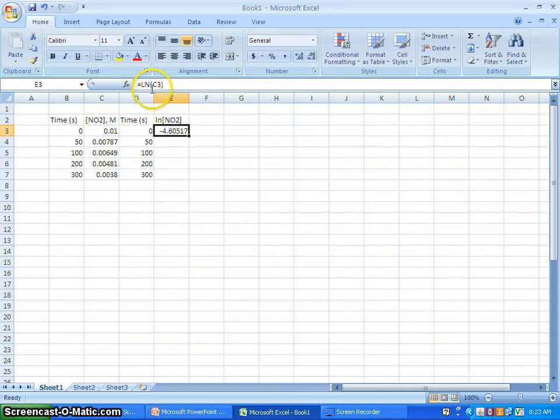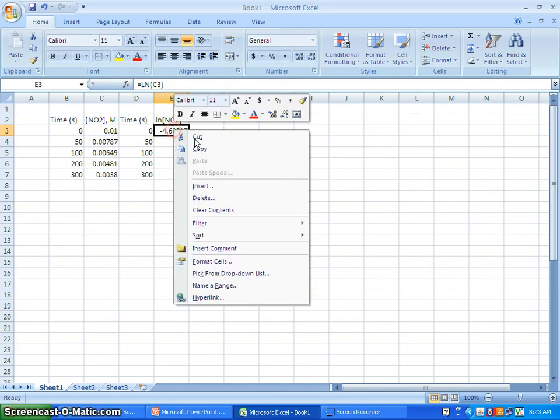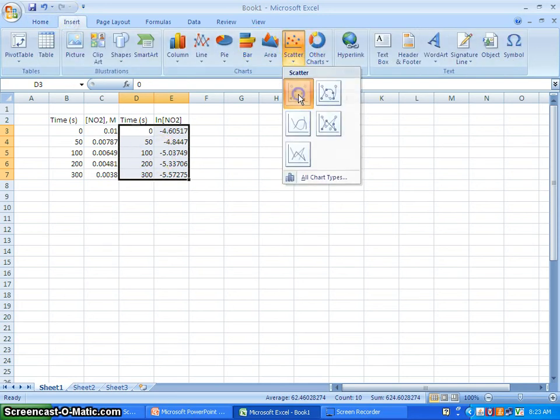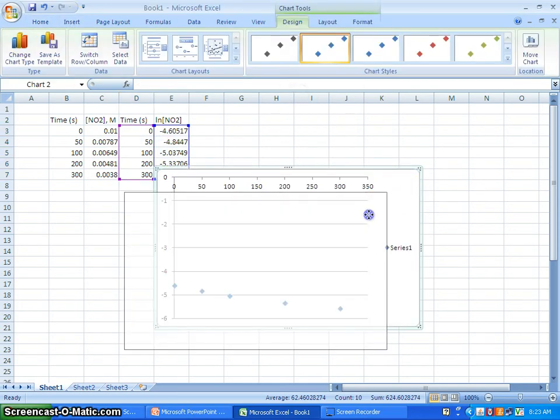Now you can see that's the natural log of cell C3. I can copy it and drag this down and hit enter, and that gives me the natural log of cell C4, natural log of cell C5, natural log of cell C6, and the natural log of cell C7. So now I can graph the natural log versus time by highlighting it, insert, scatter plot, and here's my graph.